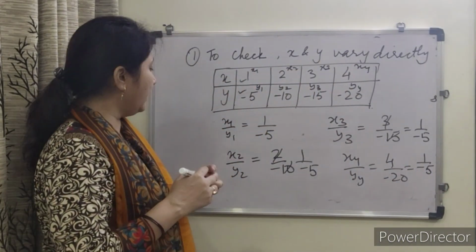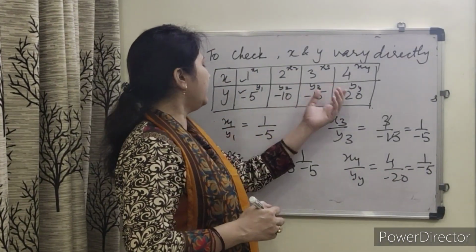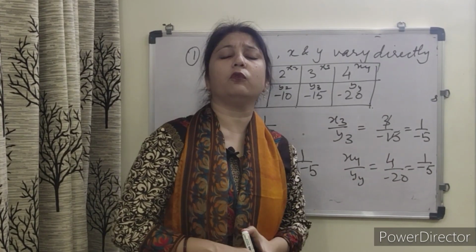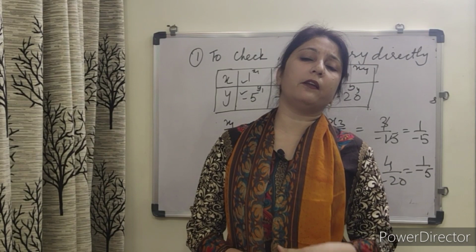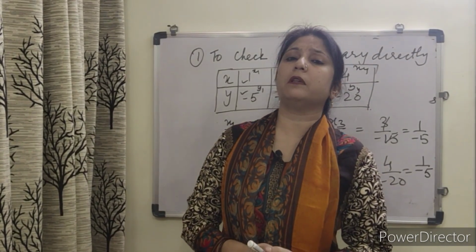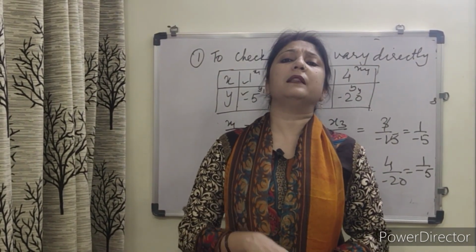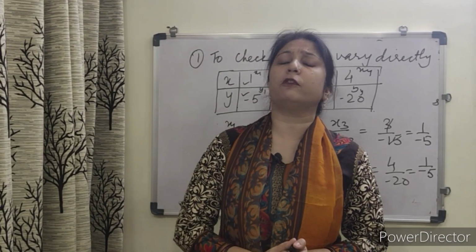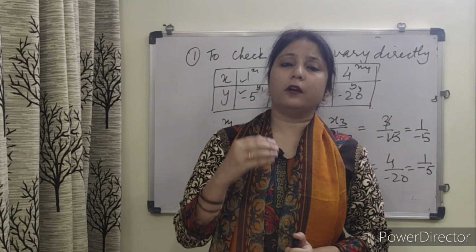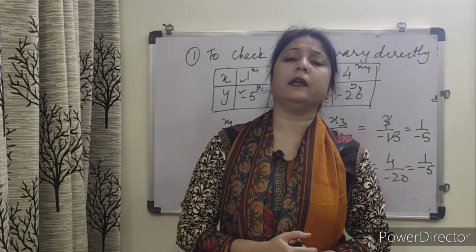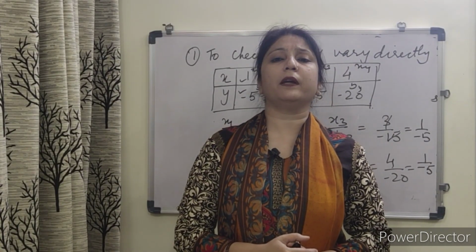So whenever we calculated x over y in this table, we got the constant minus 1 over 5. If we want to write a rational number in standard form, the minus of the denominator shifts to the numerator, and every time the ratio is minus 1 upon 5.